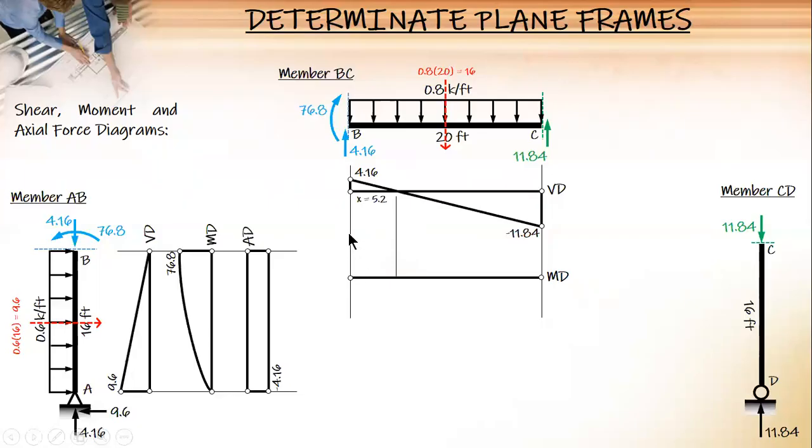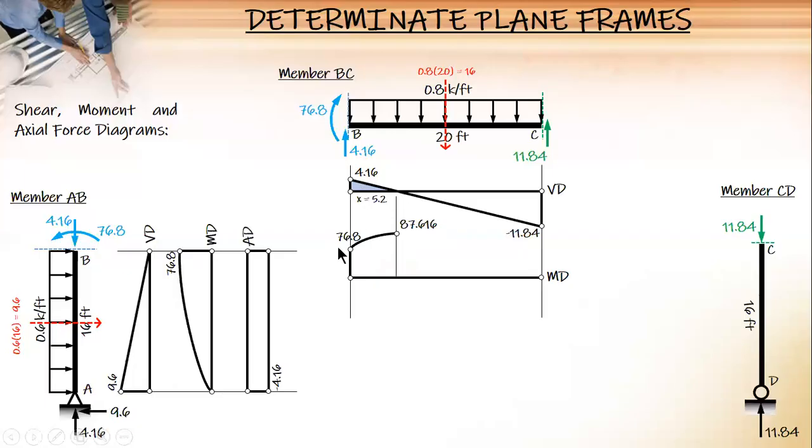And then you can now draw the moment diagram. So at B, we have 76.8, plus the area of this, 1/2 of 5.2 times 4.16, the value is added to 76.8. The curvature is downward, supposed to be concave upward, but going down, but it is positive, so the curvature is mirrored.